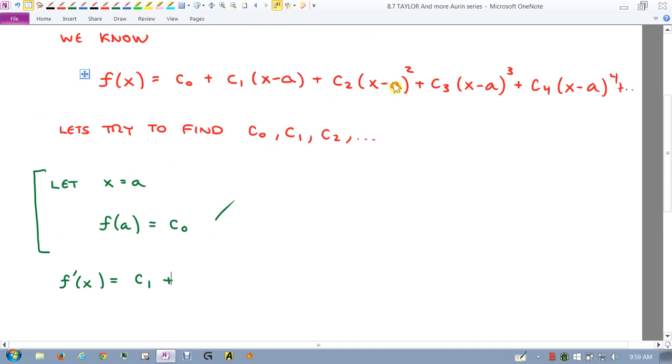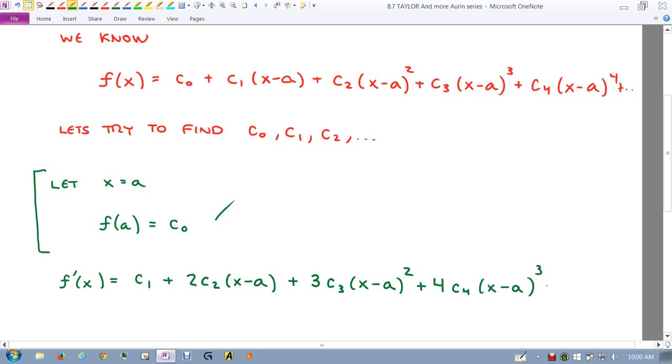Because of the power up here of 2, we'd have to bring that down, right? This would become 2c2 x minus a to the first power. The next one would become 3c sub 3 x minus a to the second power. What's the next one? 4, right? C sub 4 x minus a cubed.